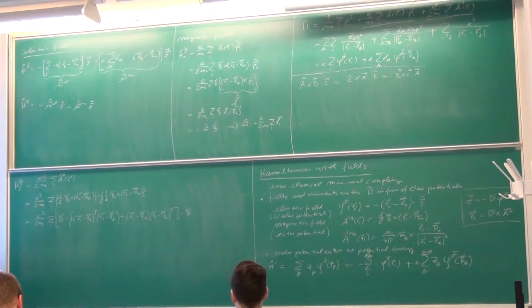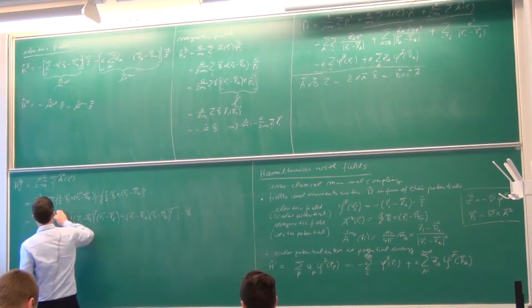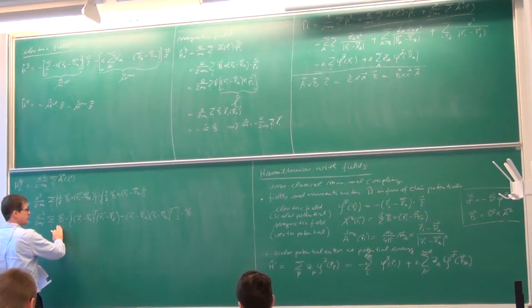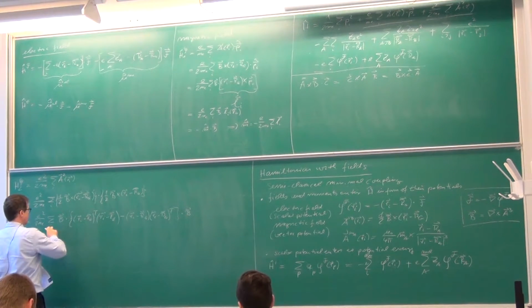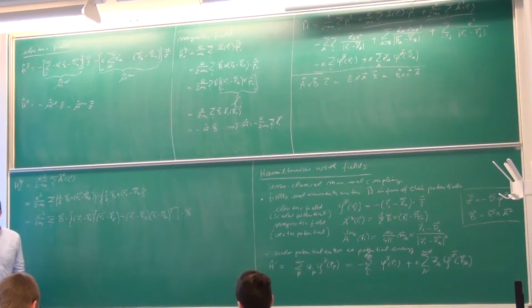And then of course what I can do, well, never mind whether B is out there, I could put the parenthesis also here. What I can do, I mean the B field doesn't depend on the electron index, so I can move the B field out.